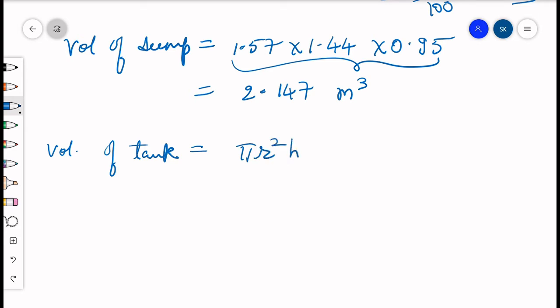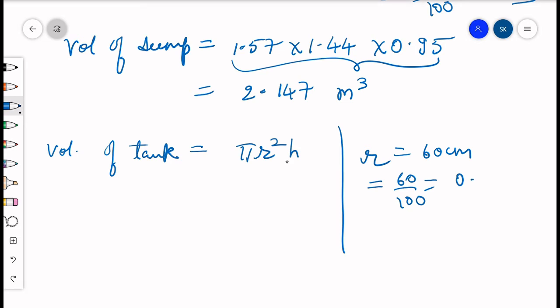Now again here, r is 60 centimeter. That means 60 by 100 gives us 0.60 meters, and height is 95 centimeter, which converted to meters is 0.95 meter.